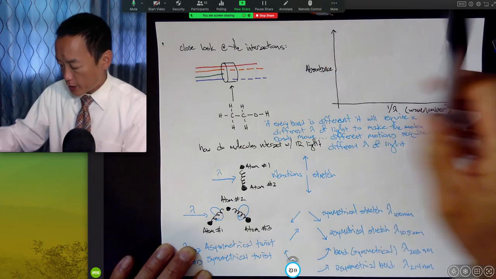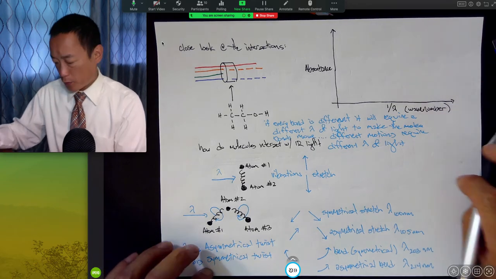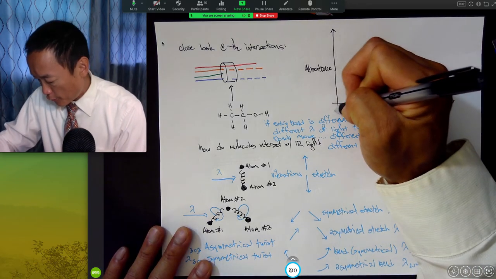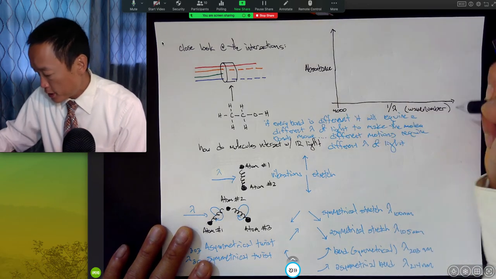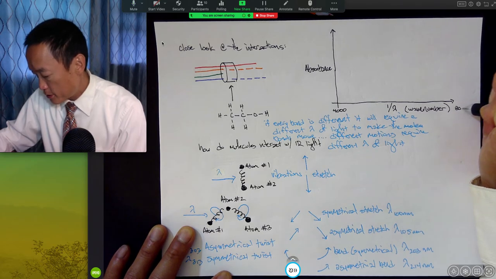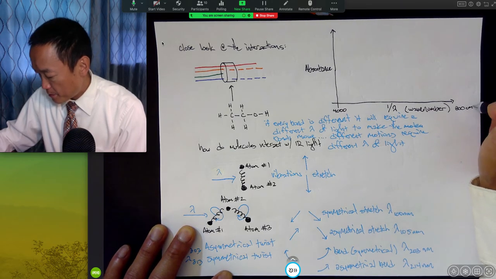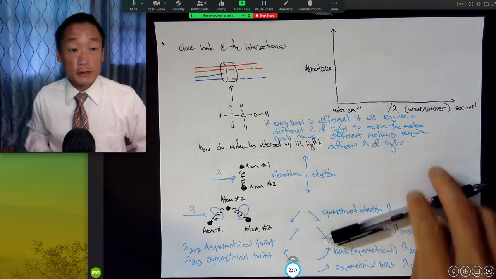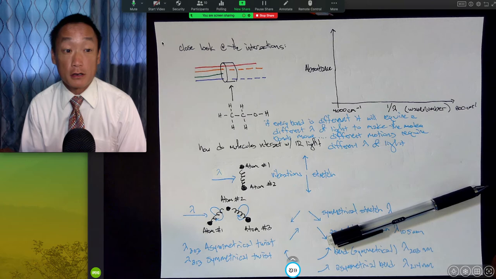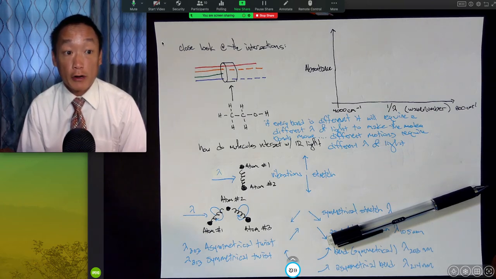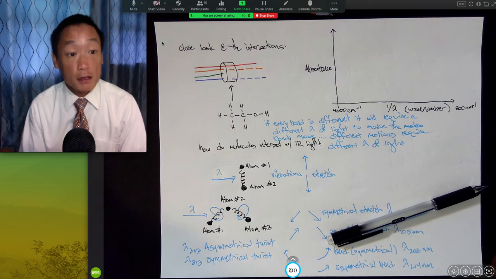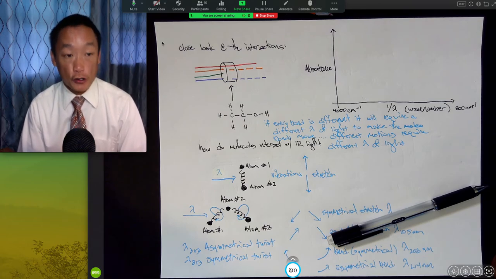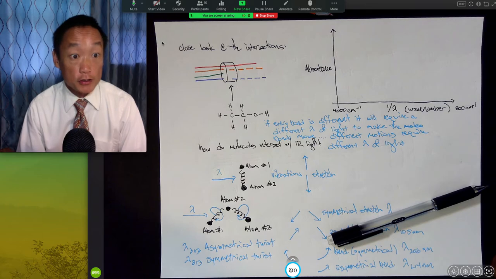And so you're thinking here, why is it a wave number? Well, wave number allows us to go from anywhere from 4,000 down to like 800 inverse centimeters, which is the unit. And why do we use inverse centimeters? Because if you use regular centimeters, then those wavelengths of light would be like 1.08 times 10 to the 8th, and that's a lot harder to talk about than just 4,000, 3,400.